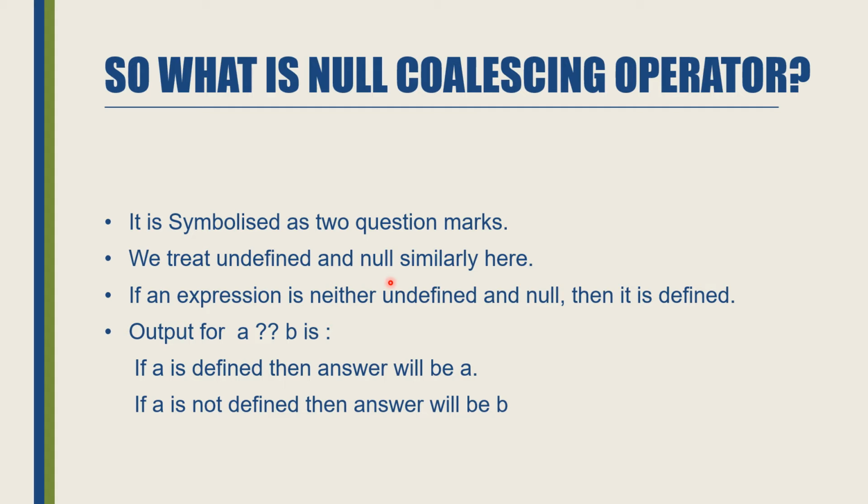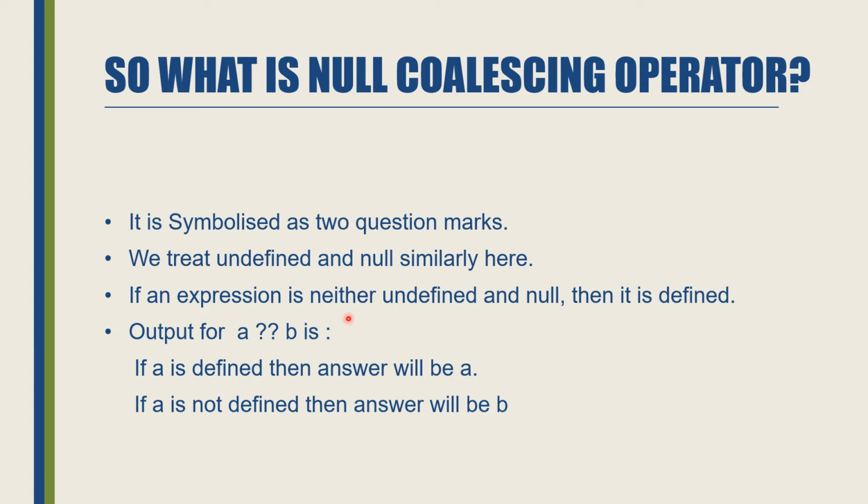The third point is that if an expression is neither undefined nor null, then it is defined. So specifically, for the null coalescing operator, if a variable's value is not undefined and not null, then the value is defined.